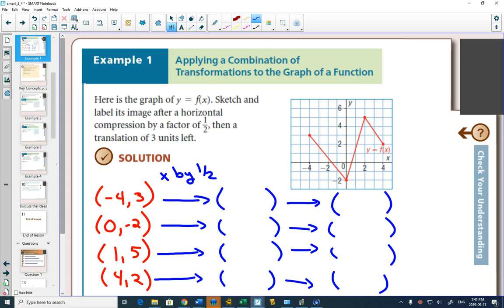So when it's described in words, nothing changes. Horizontal compression by a factor of 1/2 means our x values get multiplied by 1/2. Did I label a point wrong? Oh yes, it's 2 and 5. Thank you.